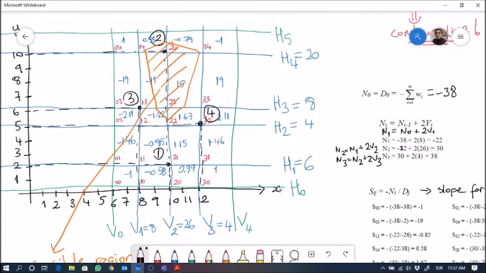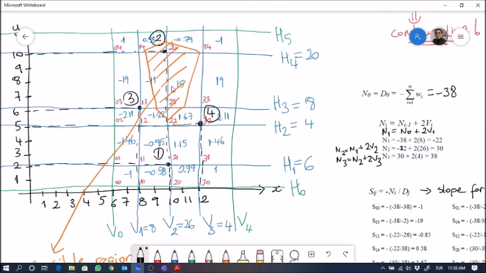Similarly, below H1, we are going to draw an imaginary horizontal line and call it H0, and above H4, we are going to draw another imaginary line and call it H5. So these are the boxes that we can have between the intersections of the horizontal lines and the vertical lines.